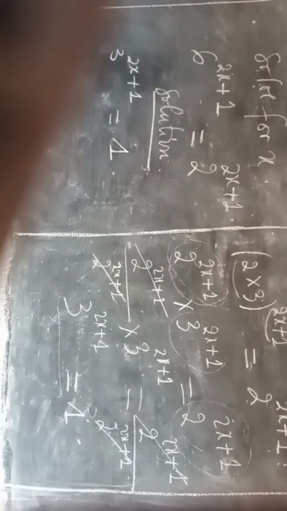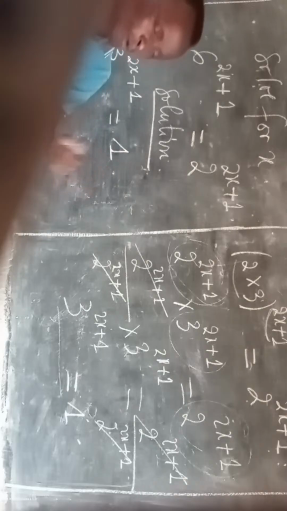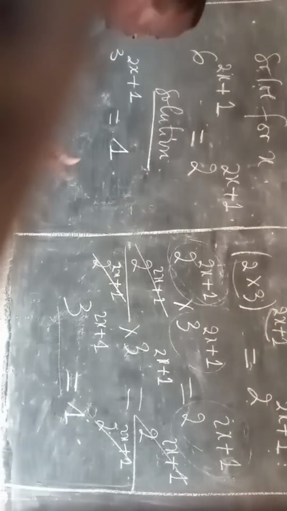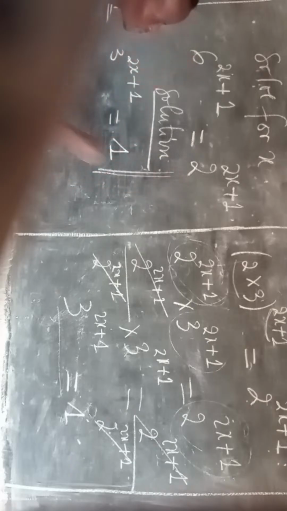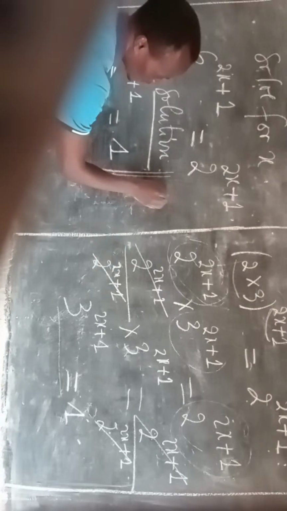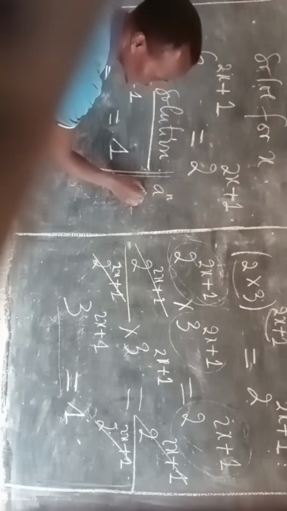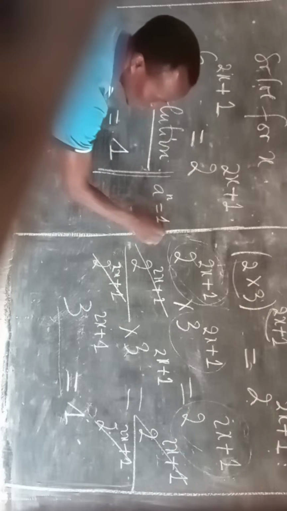So now here, I have to remind you some properties about exponential. So let me write them here. If we have a power, for example, a power n, is equal to 1 when?